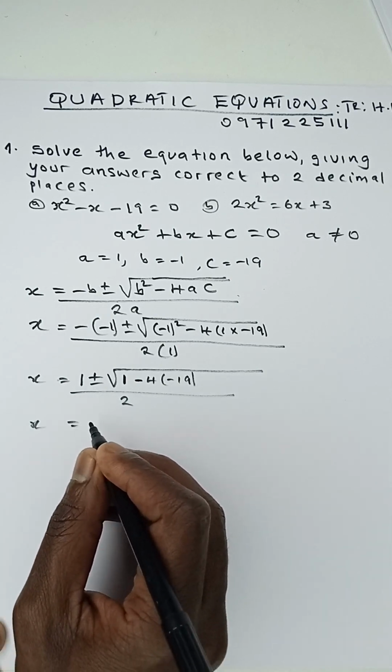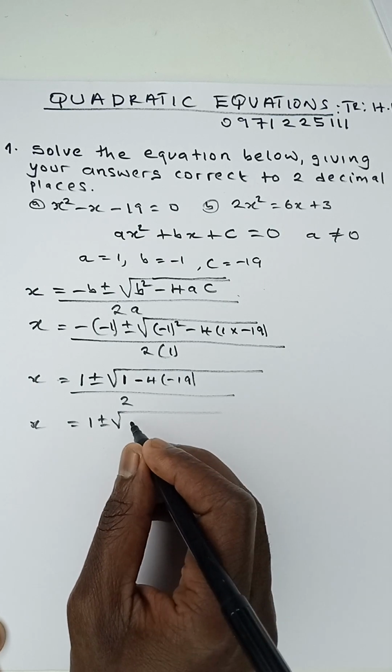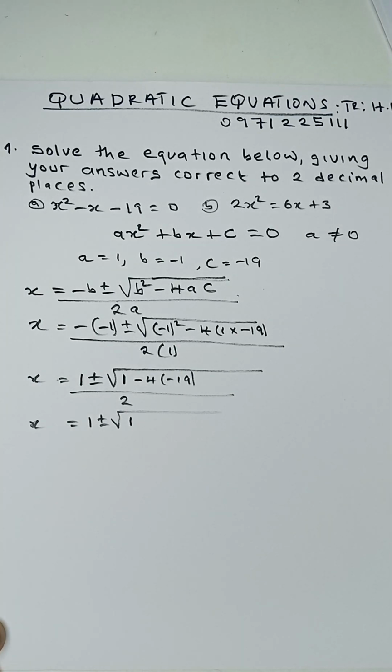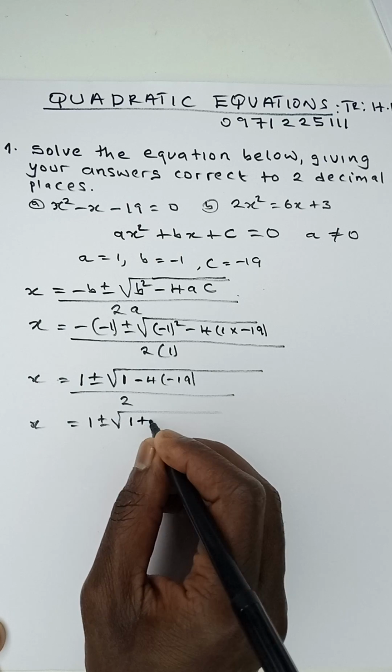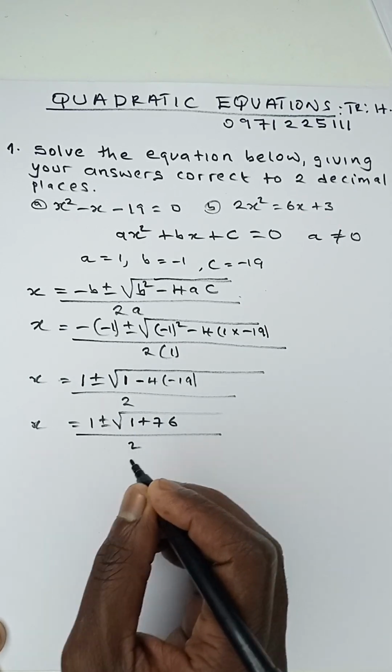So x is equal to 1 plus or minus the square root of 1, negative times -4 times -19, we are getting positive 76, over 2.